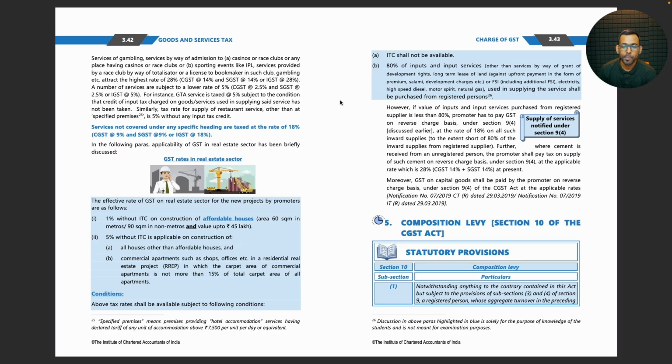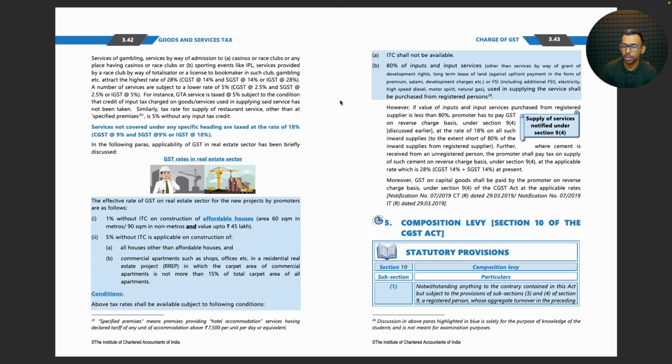However, if value of inputs and input services purchased from registered supplier is less than 80%, promoter has to pay GST on reverse charge basis under section 9 subsection 4 at the rate of 18% on all such inward supplies to the extent of 80% of the inward supplies from registered supplier.